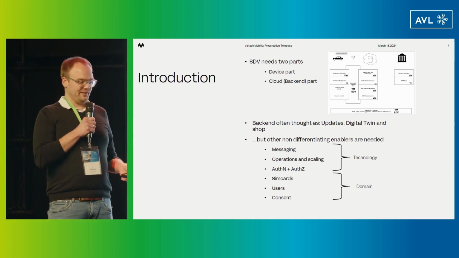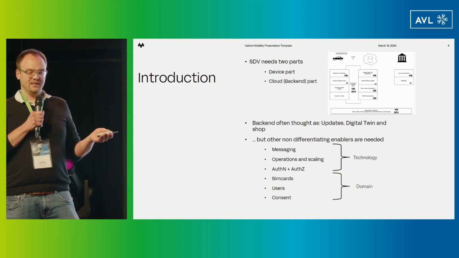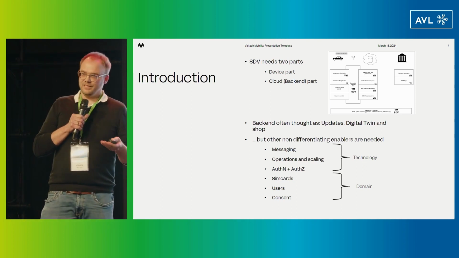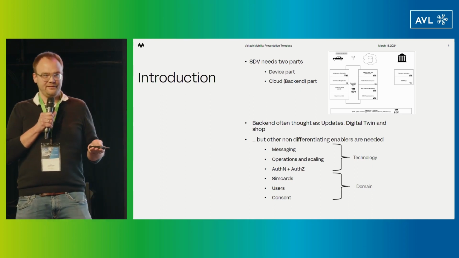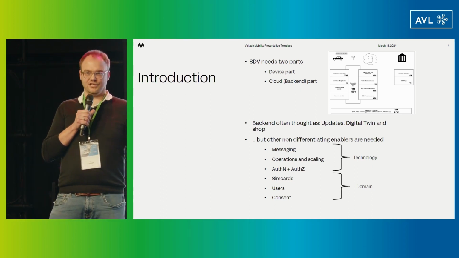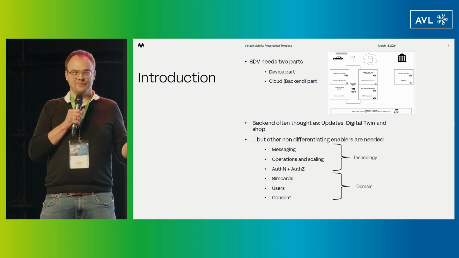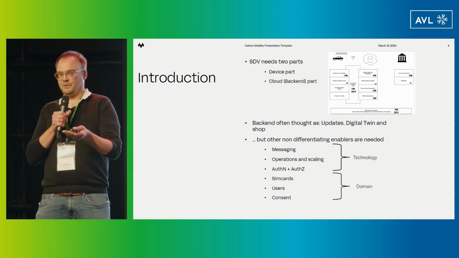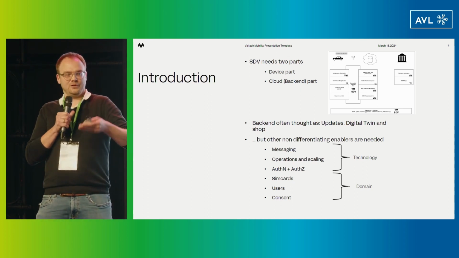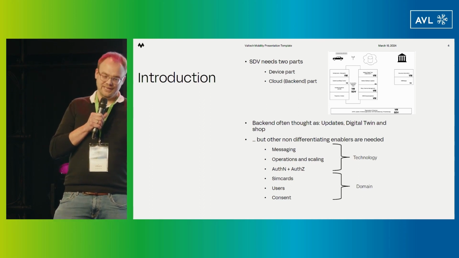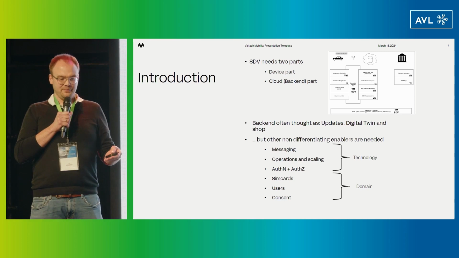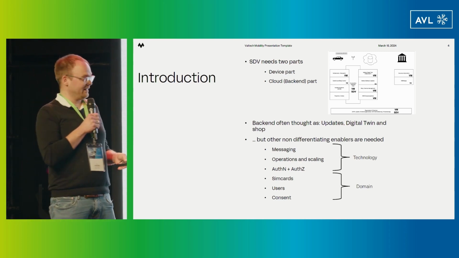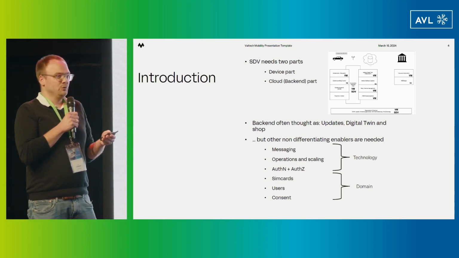That is kind of in the middle between technology and domains. The domain part is that you need to manage something like SIM cards, because in the end somebody is going to pay for the traffic the SDV or such a car generates. You want to have something like APN management. Is the customer paying for it? Are you paying for it? You want to manage it, and not only in the car: you always have a car part, but you also have a backend part to manage those processes. Another thing is users.